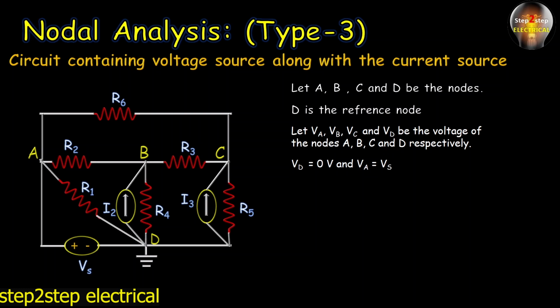But the next one here, the VS, is connected with node A directly, so we can say that VA is equal to VS. So only VB and VC are unknown voltages. So here VB and VC are unknown, and if there are 2 unknown values, then we require only two linear equations. So we can conclude that we will only apply KCL at node B and node C.